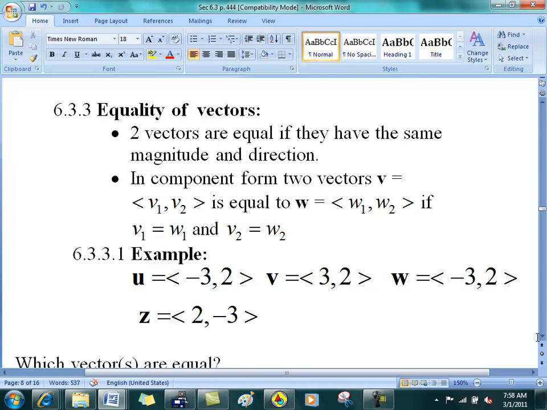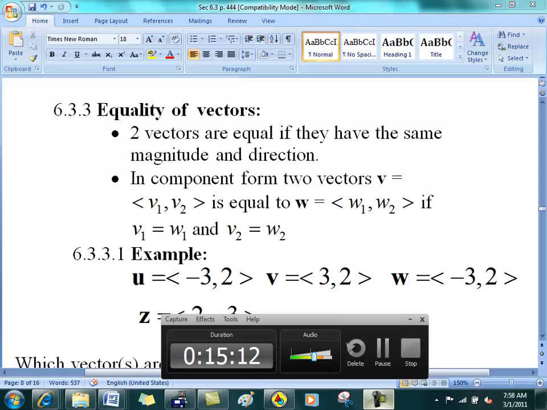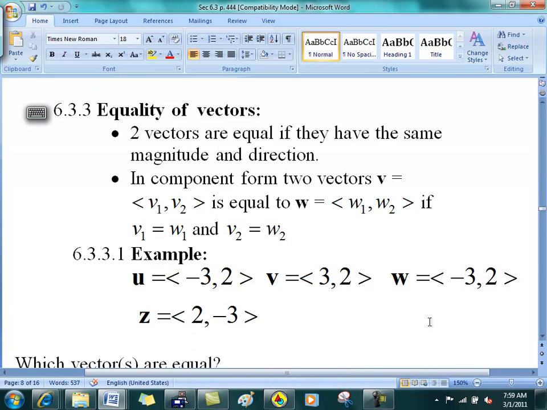Get this definition down while I pose this thing. The definitions are given there to you. Take a look at these 4 vectors and which ones do you think are equal? Awesome says U and W. Anybody want to challenge her on that?